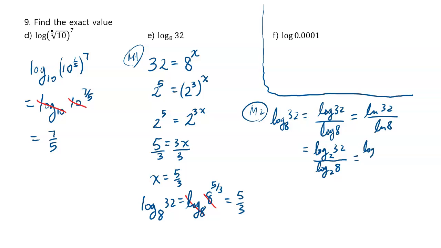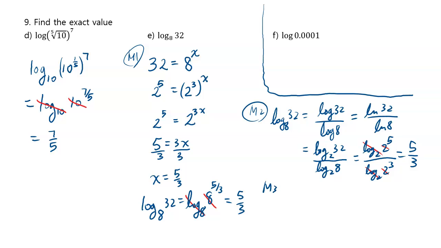That's, we just know that 32 is 2 to the 5th power, right? And then log 2 of 8, 8 is 2 to the 3rd power. So after doing the cancellation, then you end up with just 5 over 3. So that's quicker if you know what this base change formula is.